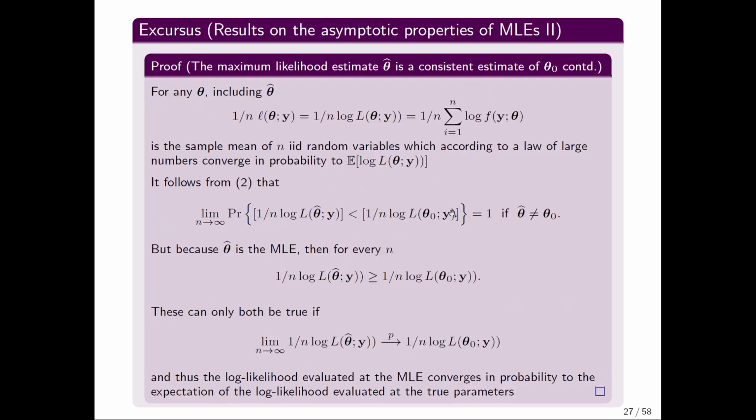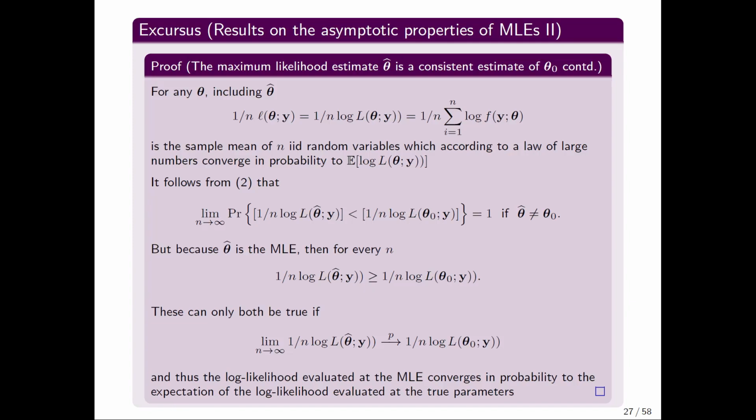To complete this proof, we need to apply a law of large numbers. 1 over n times the log likelihood is a sample mean of IID random variables, so it converges in probability to its expectation.